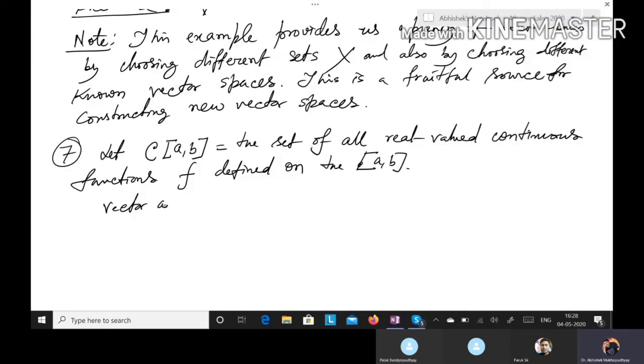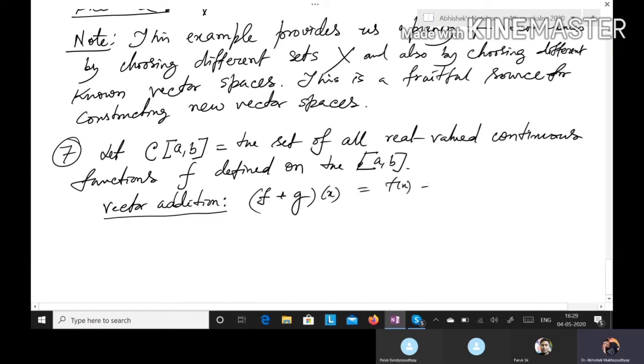Consider any two functions f and g from C[a,b] and define (f + g)(x) to be equal to f(x) + g(x).